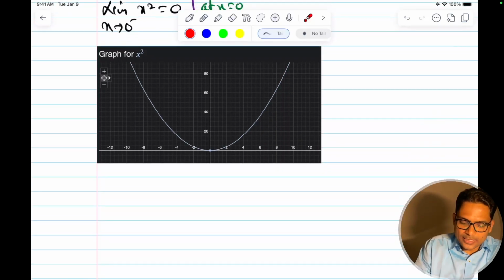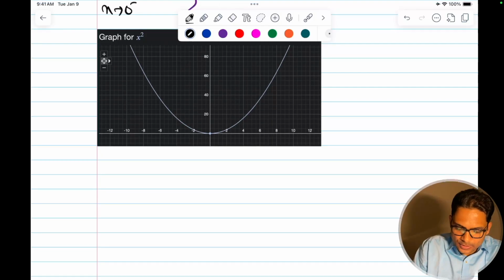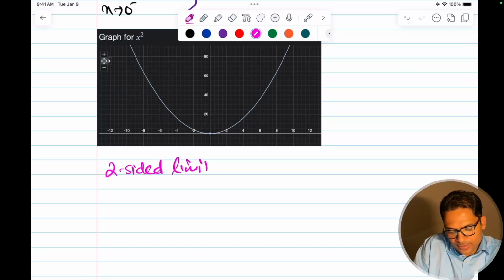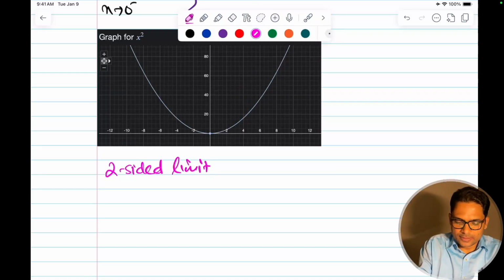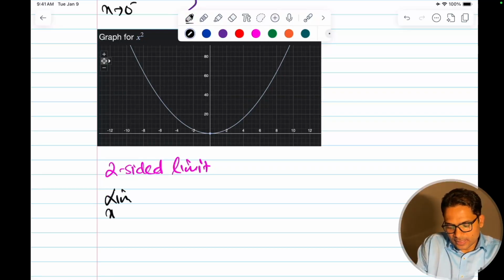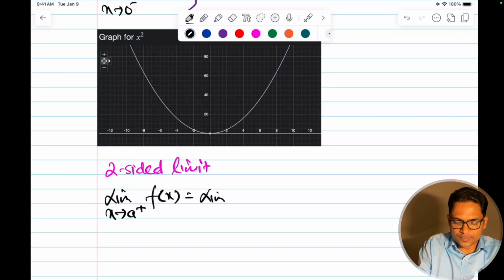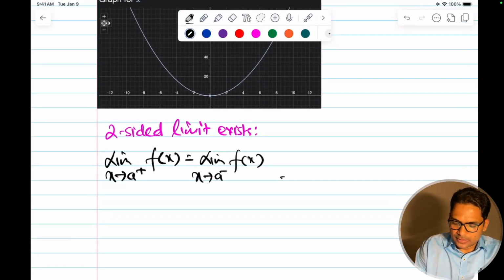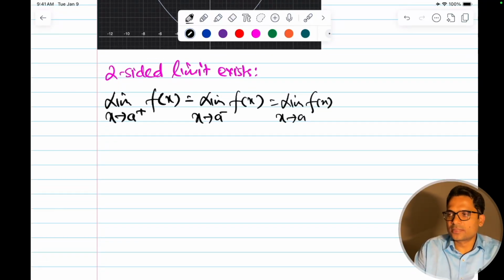So when do we say that the two-sided limit exists? Two-sided limit means that limit x tends to a from the positive side of f of x exists if it is equal to limit x tends to a from the negative side of f of x, and this we say is limit x tends to a of f of x.